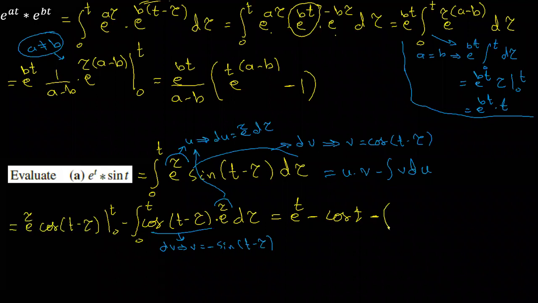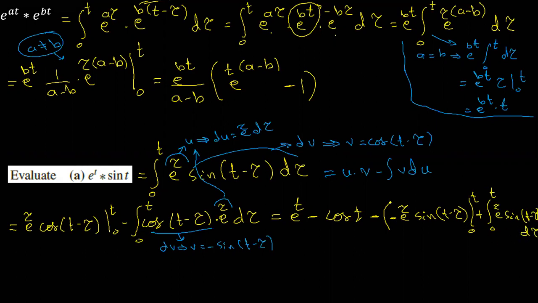So negative bracket u times v, which is e to the tau times negative sine of t minus tau, from 0 to t, minus. You have minus here and this minus, so it is a plus integral from 0 to t. Your du, it is e to the tau, and this is sine. So e to the tau sine of t minus tau d tau.